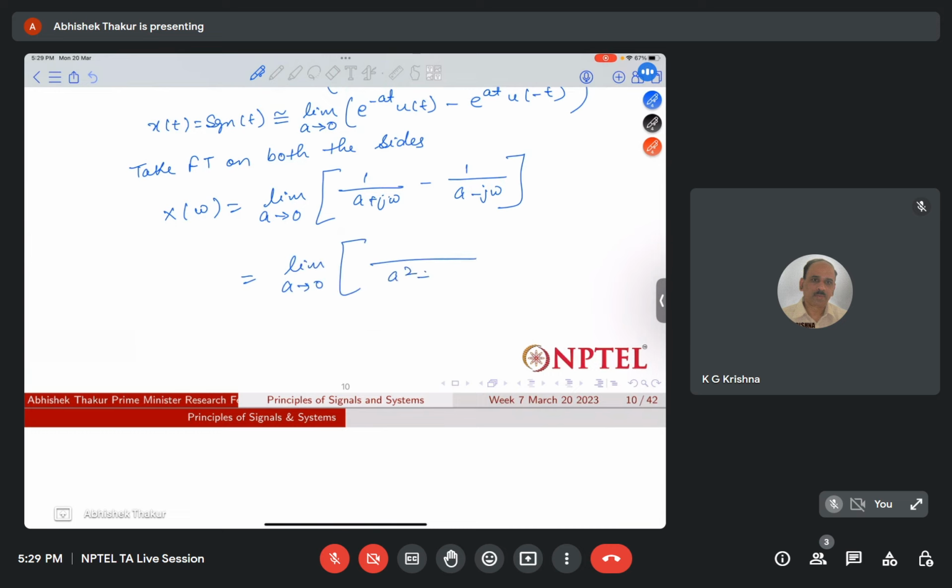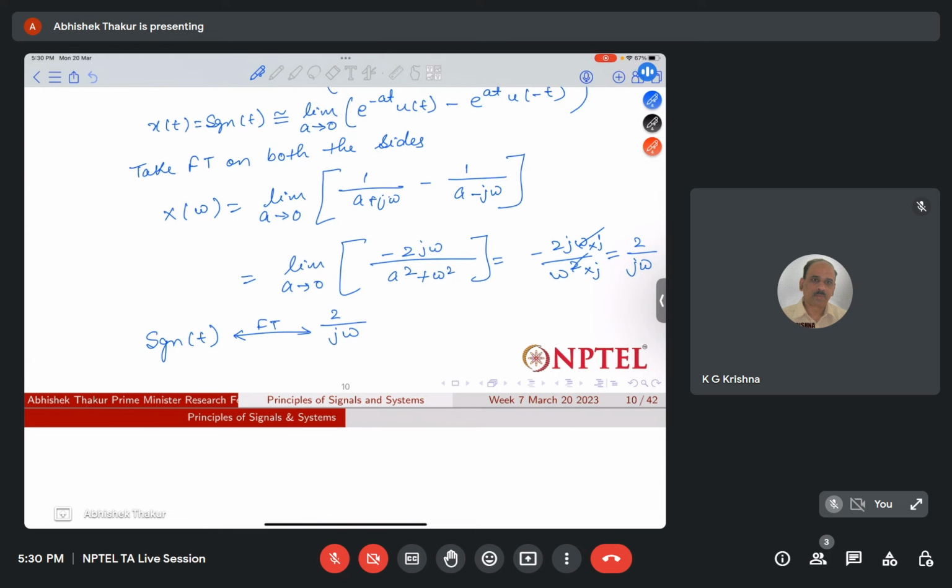Here a squared plus omega squared, minus 2 j omega divided by omega squared. When you multiply with j in the denominator and numerator, we get 2 by j omega. So the Fourier transform of sgn(t) is equal to 2 by j omega.